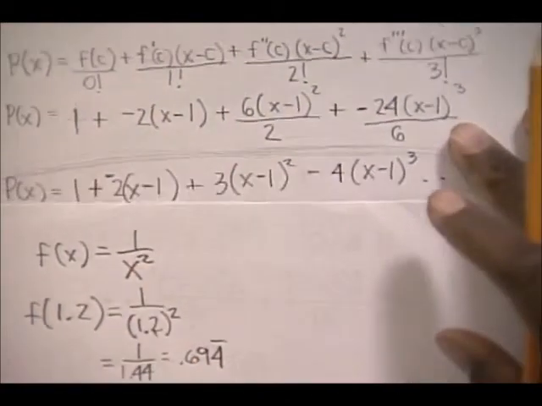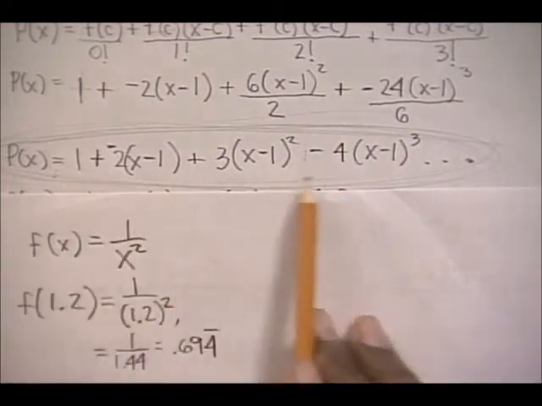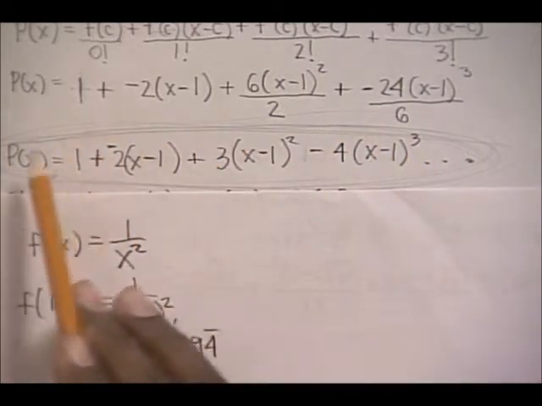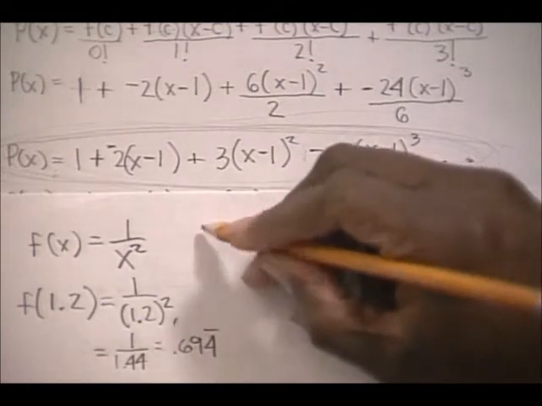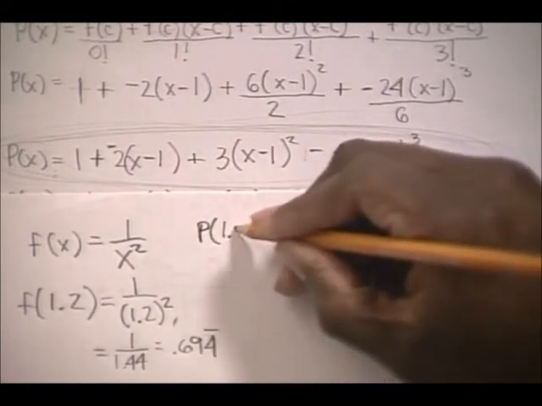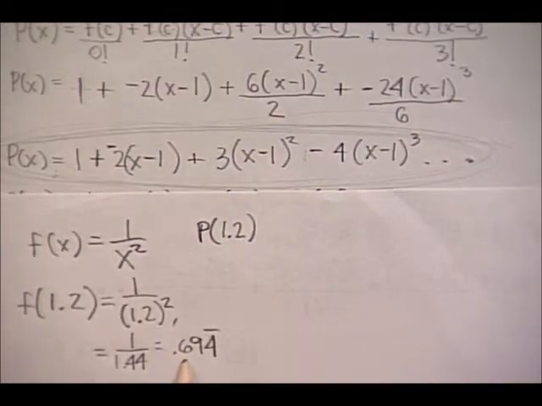And what I'm trying to communicate to you is that this is an approximation. It's a series that represents an approximation of f of x, of this function 1 over x squared. What I'd like to do is figure out what P of 1.2 is, and compare it to the actual value of f of 1.2.